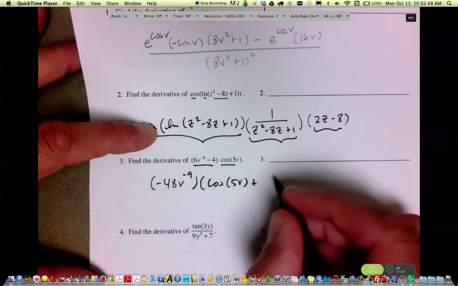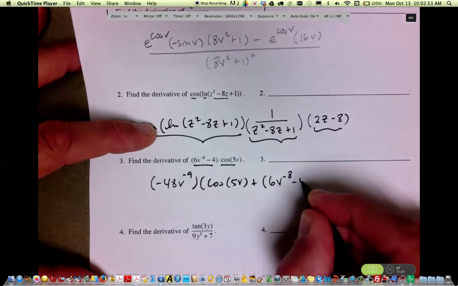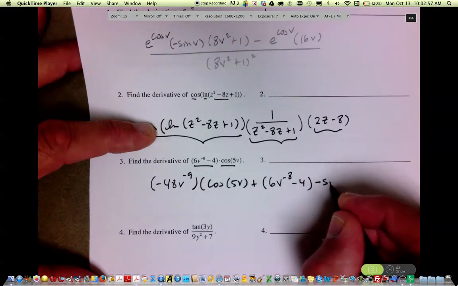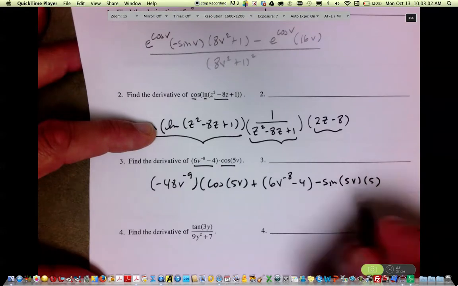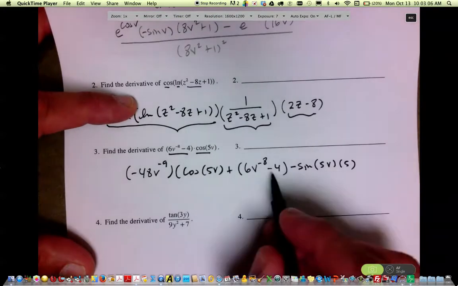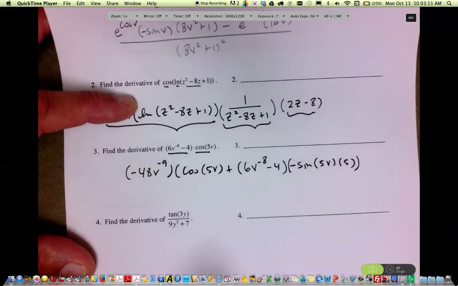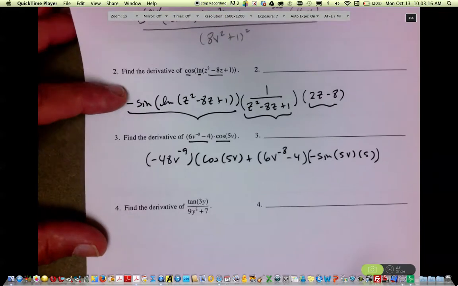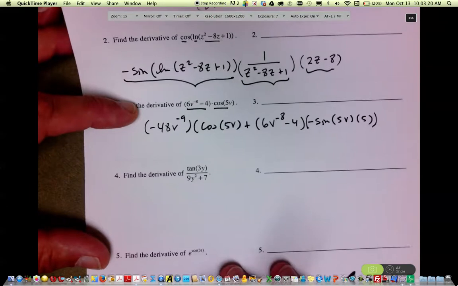And then I'm going to add to that the first function, 6v to the negative 8 minus 4, times the derivative of the second, which is negative sine of 5v, and then times 5. All right, and also, if you're taking this online, if you leave it like this, the computer's going to think about this as being subtraction. So make sure that you put the parentheses in there that are appropriate. I was a little bit more forgiving when I graded these by hand, but the computer is not going to be forgiving about that, and it's going to think about that as being subtraction.